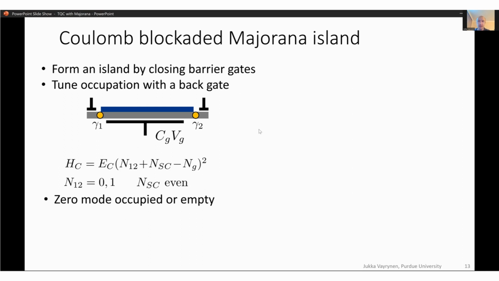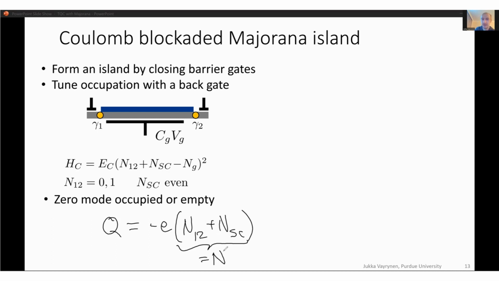What I have done here is I wrote Q equals minus E times (N12 plus NSC), where I could call N the total number of electrons in this confined region.